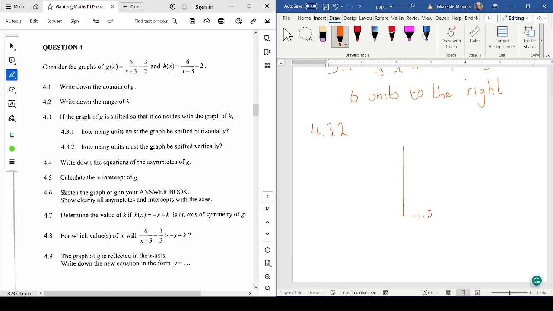Then we move to negative 1, going all the way up until we reach 2: negative 1, then 0, then 1, and finally 2. So how many units was this?